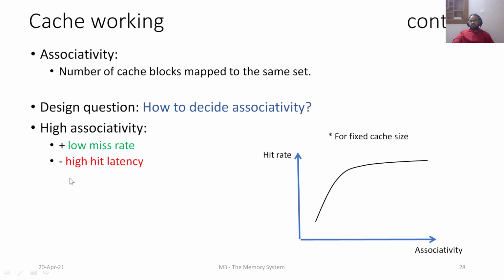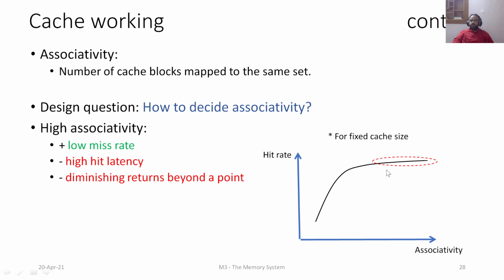And the side effect of that is high hit latency, because we need to compare the tag with more tags and then identify if any one of them is a match or not. It takes time. And if we observe this curve, beyond some point, even if we increase the associativity, there is not much increase in the hit rate.